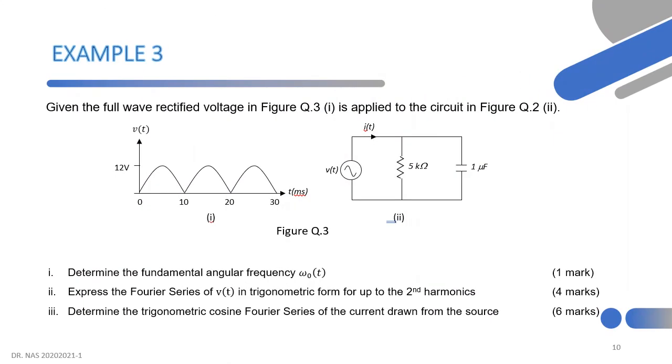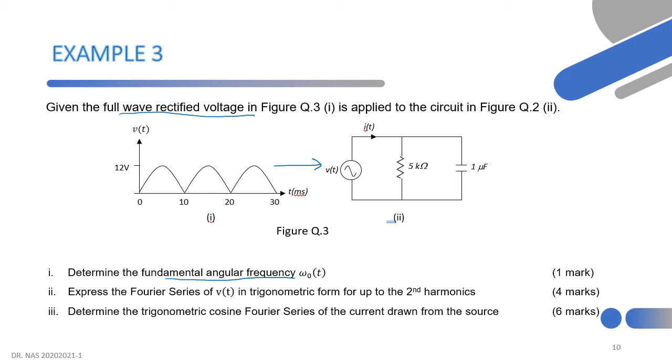Now let's look at the third example. So given the full wave rectified signal, and this signal is basically the input signal into this circuit. So you need to solve for 3 sub-questions. The first one, determine the fundamental angular frequency omega naught in radian per second.